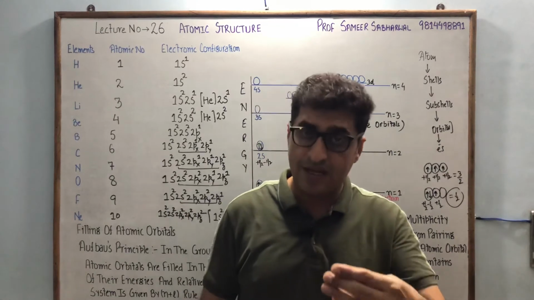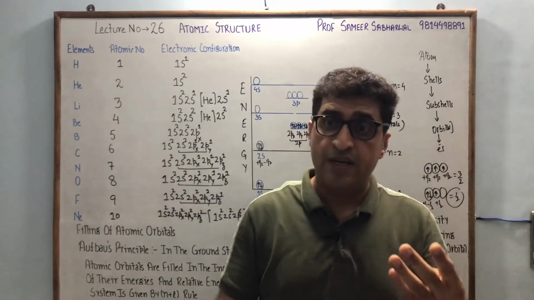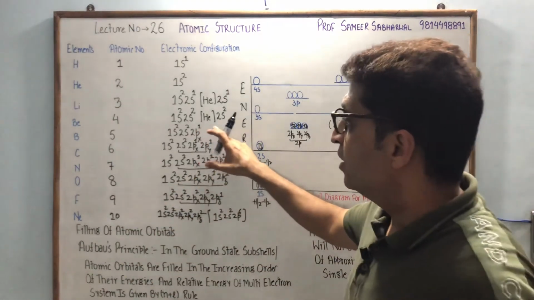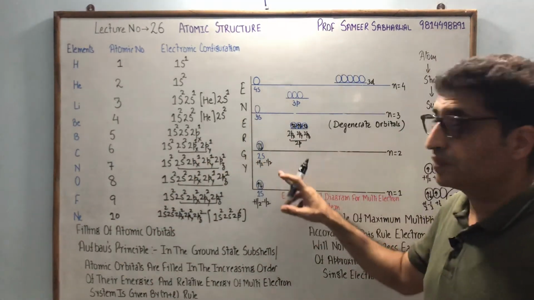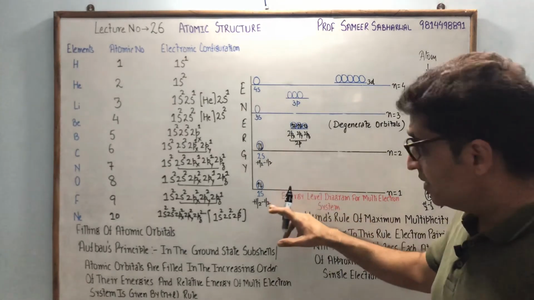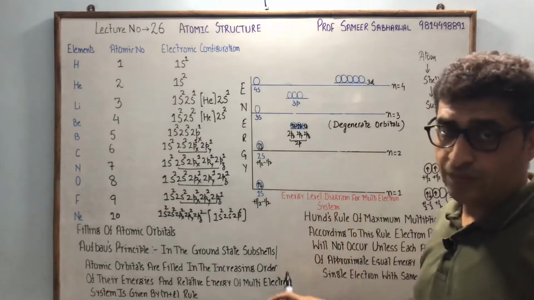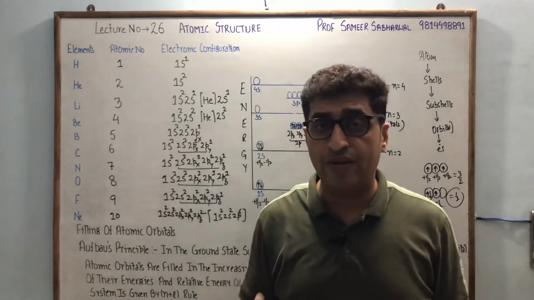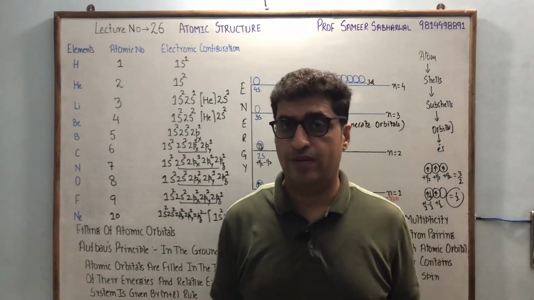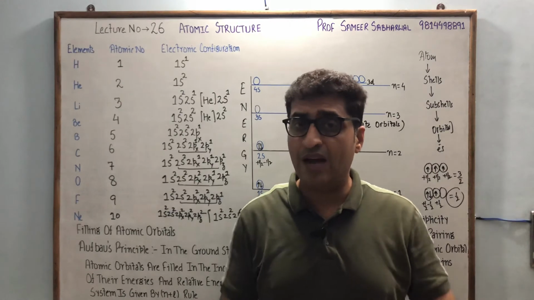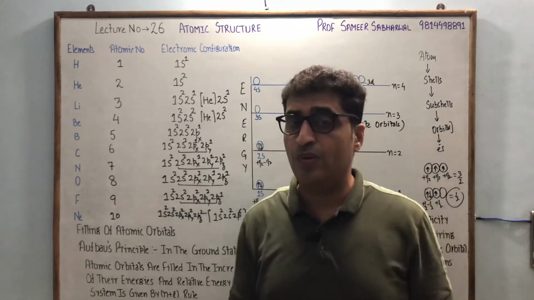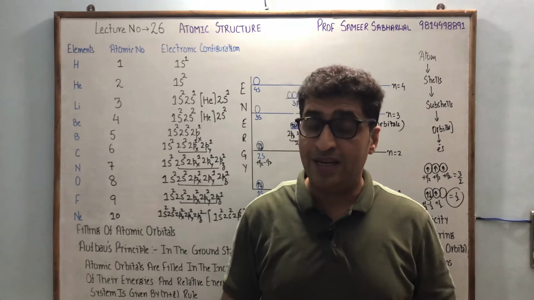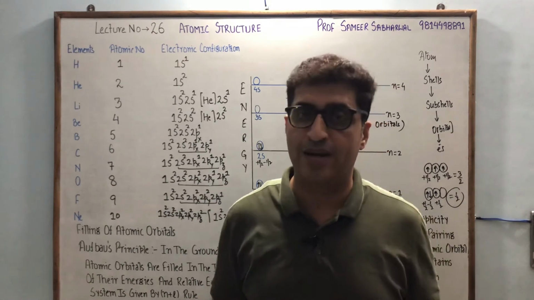Okay, at this level I want to say that if you see beryllium, there is no unpaired electron, right? Because net spin is 0. So species, atoms having no unpaired electron will have net 0 spin magnetic moment, 0 magnetic moment, and these substances are repelled by external magnetic field.